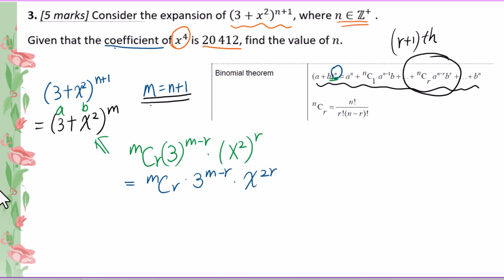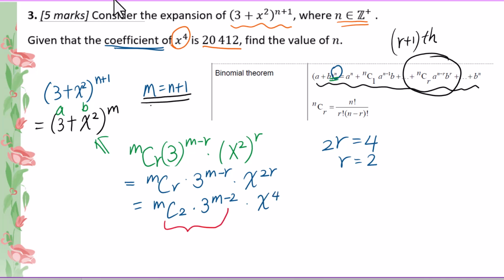The coefficient of x to the 4th power means 2r equals 4, r equals 2. Now we plug back in: m choose 2 times 3 to the power of m minus 2 times x to the 4th power.